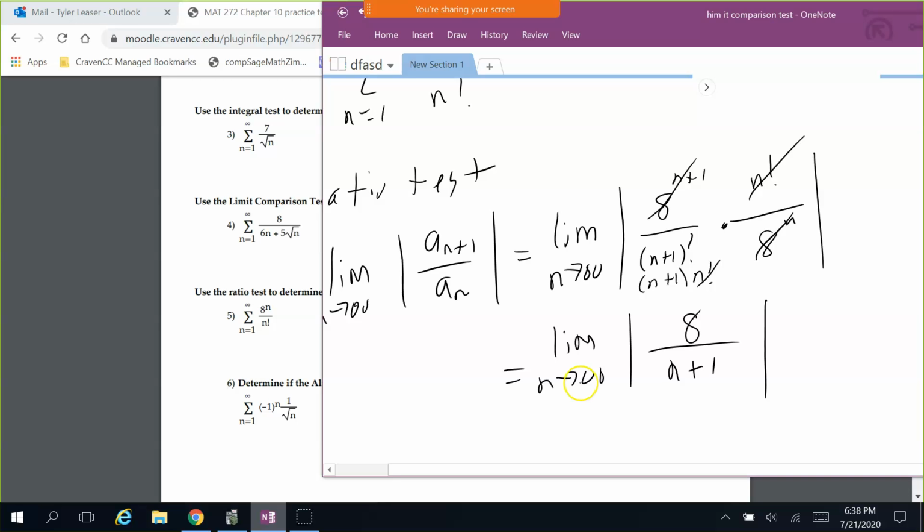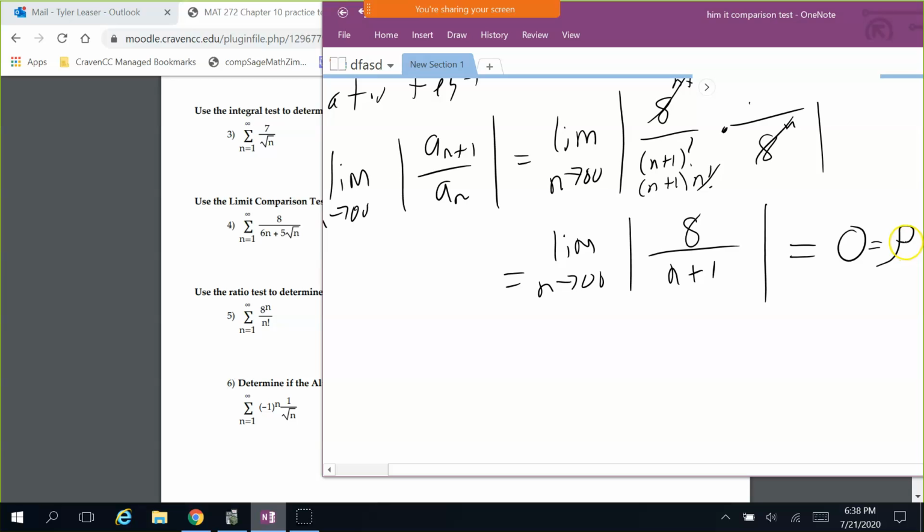Remember, we're taking the limit as n goes to infinity. If I let n go to infinity, that means this denominator goes to infinity, which means that this whole ratio just goes to 0. Don't forget that in the ratio test, this limit that we get is what we call rho, or funny looking p. Based on what this is, we have 3 different answers that we can get.